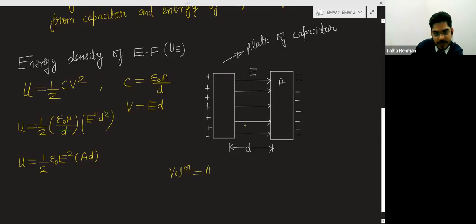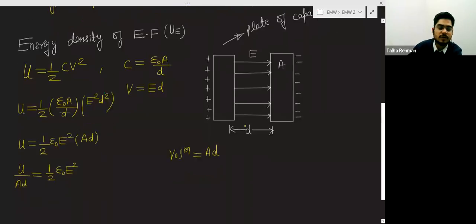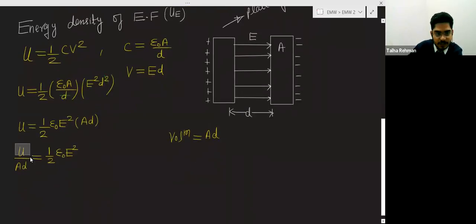Volume is equal to area into distance. So you can write U divided by A d is equal to half epsilon naught into E square. This is the energy, this is the volume, so energy per unit volume is the energy density.